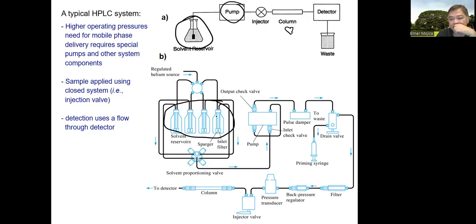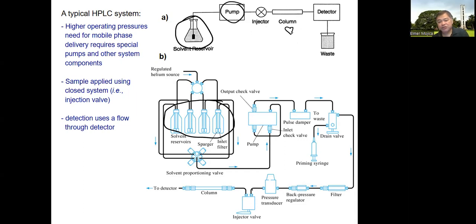Maybe tomorrow when I go to the lab, I'll show you the HPLC system, so you will see, okay? And then there's some valve, and a pump that's going to push that. Some will go to the waste, and most of it will go to a filter, and then a back pressure regulator, and then it will go to the injector port. That's where you introduce your sample.